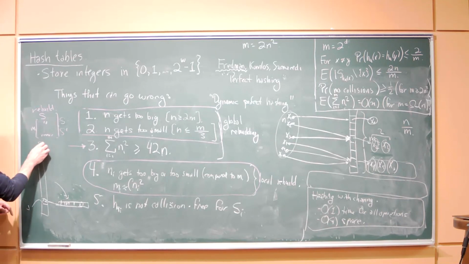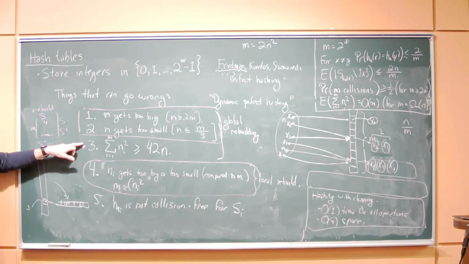And as long as this condition here was true for everything in S union S prime, nothing would happen in that sequence of m things. There would be no rebuilds.